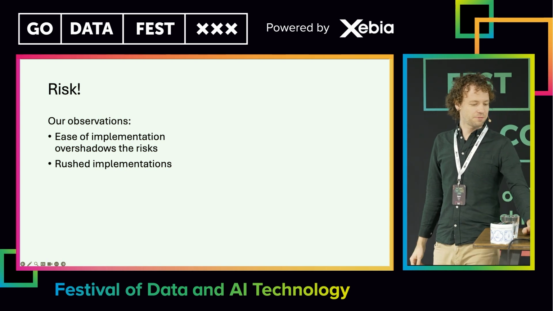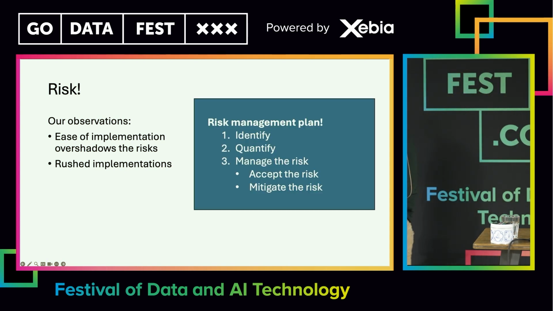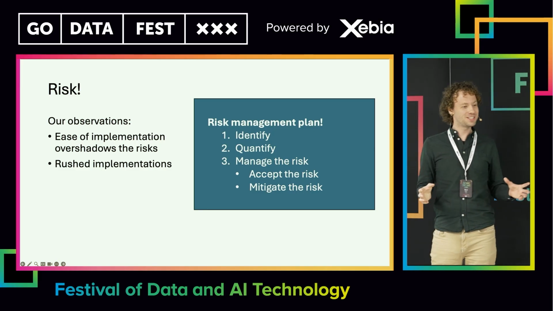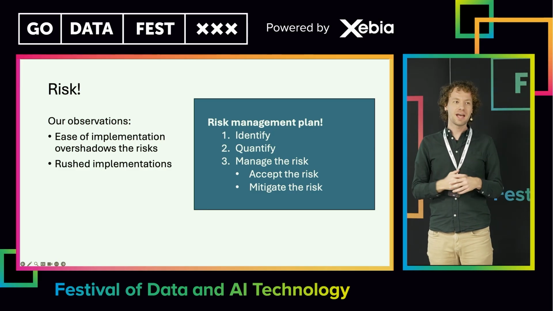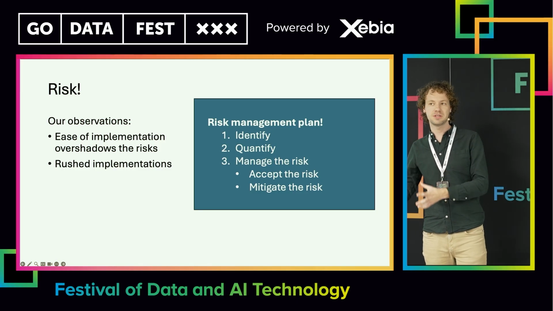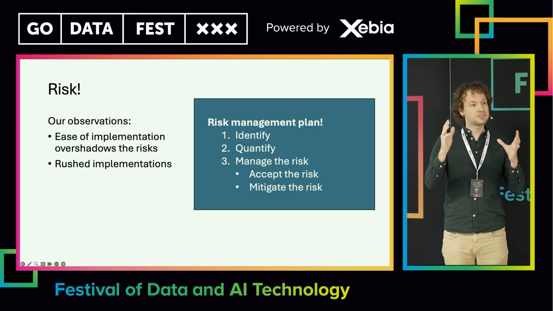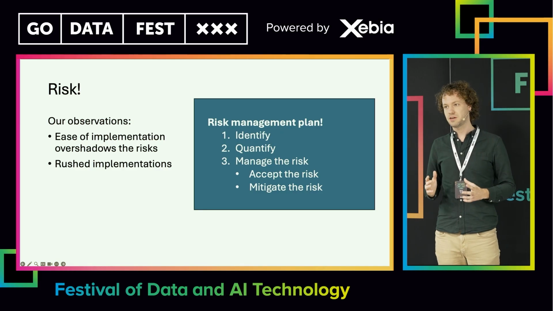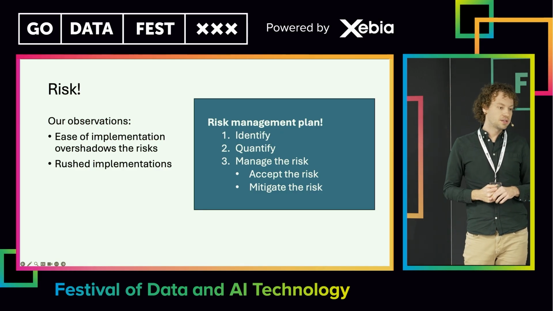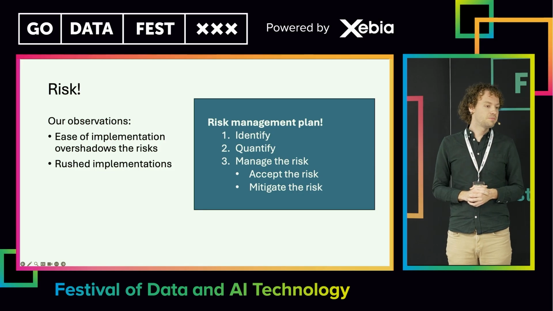To do that, we have a very simple framework. The risk management plan. We have 3 steps. The first one is just identify the risk. And it's usually a step that's being overlooked. So every time you build a new tool, and especially if it's AI, take a step back and try to determine what risks are involved in your project. The next one is quantify, how big is the risk, and then manage the risk.